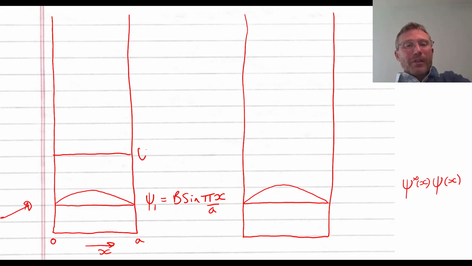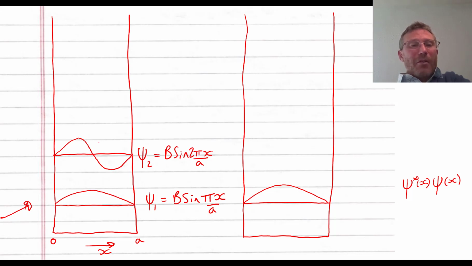So psi 2 in here is equal to b sine 2 pi x over a, and a wave function there. Of course, it has a node in here. We saw that in chapter 2 when we were looking at solutions to a wave equation for a string, a standing wave for a string.